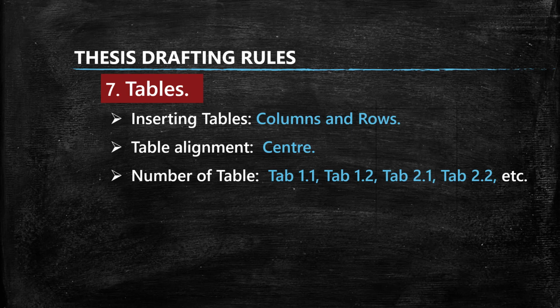So the first figure is going to be the chapter's number. Then the number after the decimal point will be the order of arrangement, for example 1, 2, 3, 4, 5, 6 for that particular chapter. And the name of the table, we are going to align to the top right corner of the table.